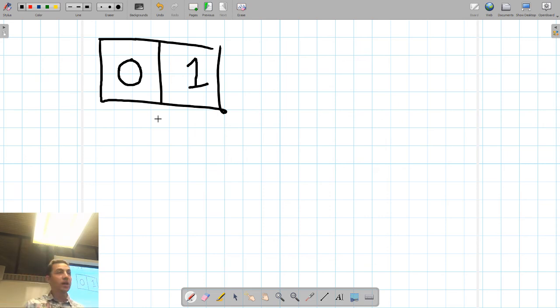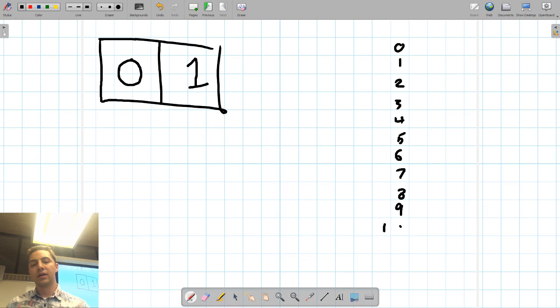Yes. When we learned to count, we counted on our fingers to start, right? We counted 1, 2, 3, 4, 5, 6, 7, 8, 9, 10. And 10 is sort of interesting. 10 is interesting because it requires more than one digit.